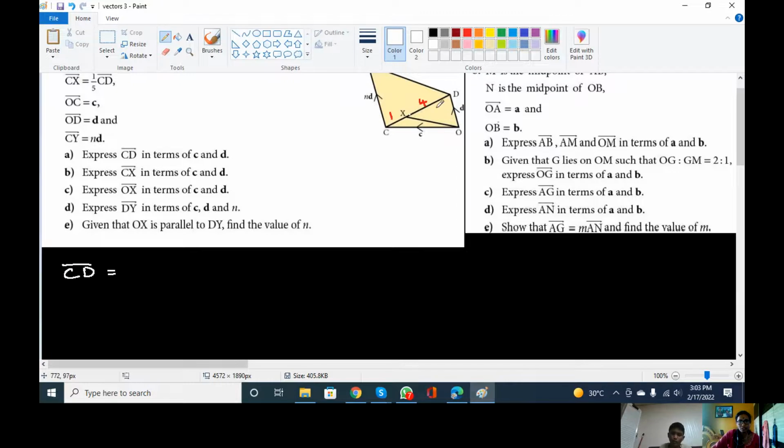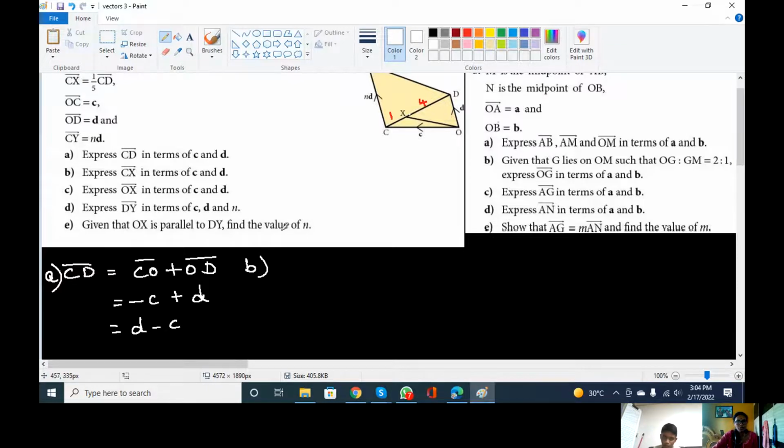So CD you can write as CO plus OD. Vector CO is negative C plus OD is D. So this can be written as D minus C. This is A.